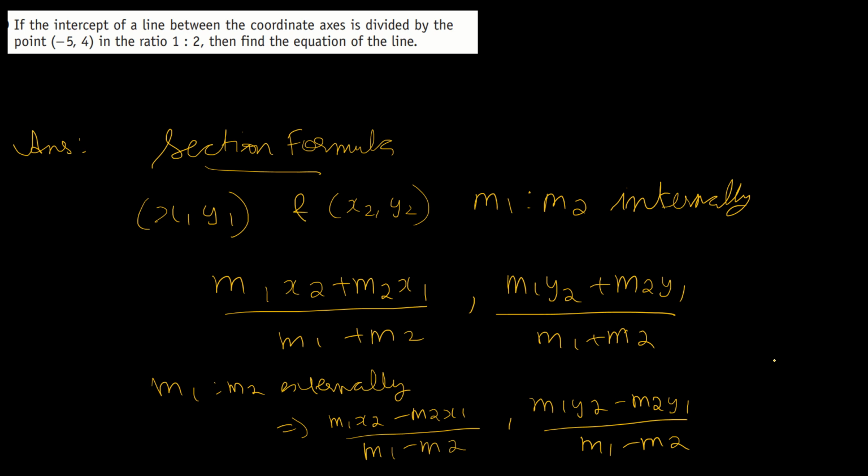Okay, note down these formulas. But here in the question it's only mentioned as the ratio 1:2. If it is not mentioned as internally or externally, as default we take the first equation.